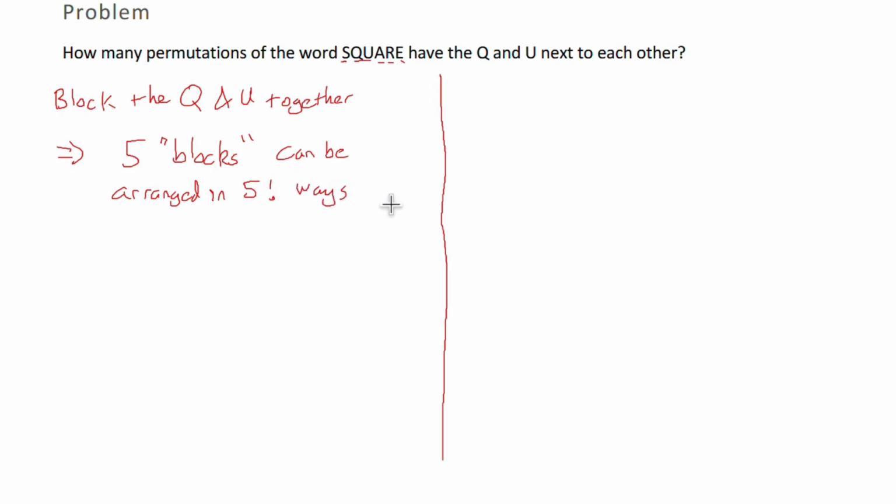Four of those blocks are just a letter, S, A, R, or E, and one of those blocks is the Q and the U together.